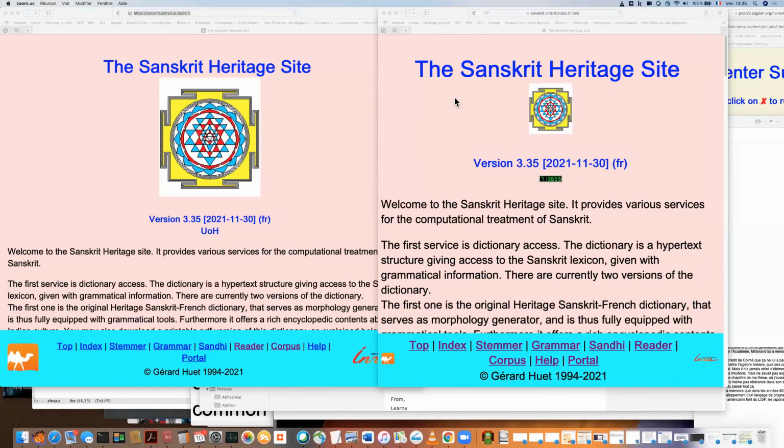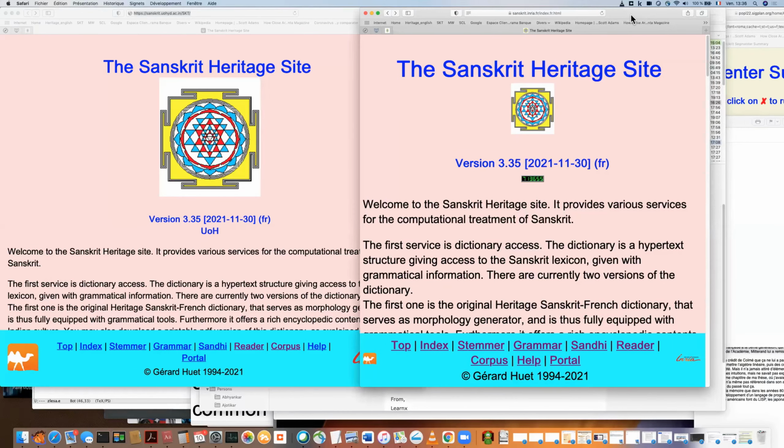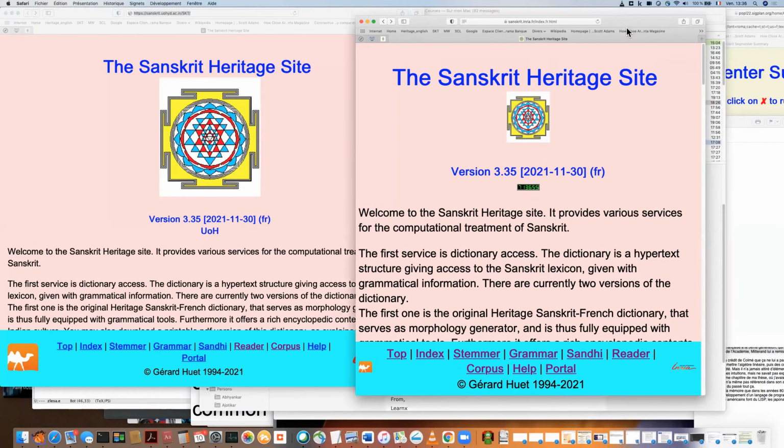Okay, so here in this window, you see the official site at INRIA, which you get by the URL I gave you, sanskrit.inria.fr. Yes, and here you get the French site.